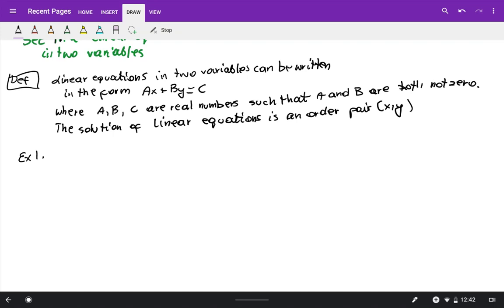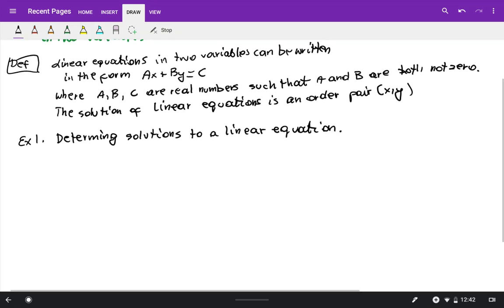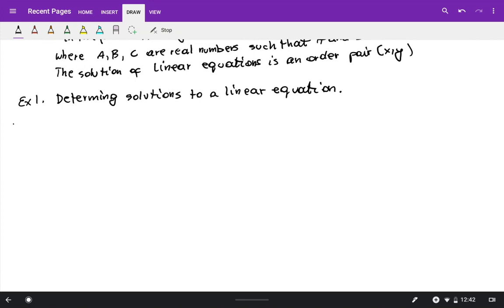Example 1, determining solutions to a linear equation. Okay, so we're going to do a couple of examples here.